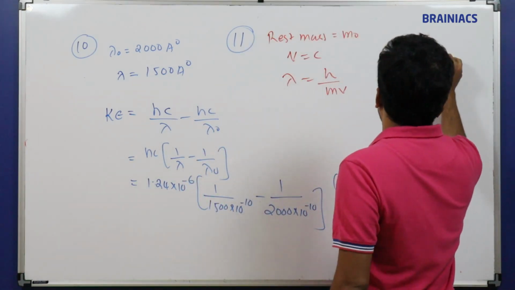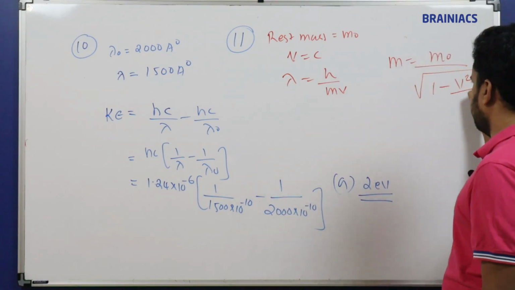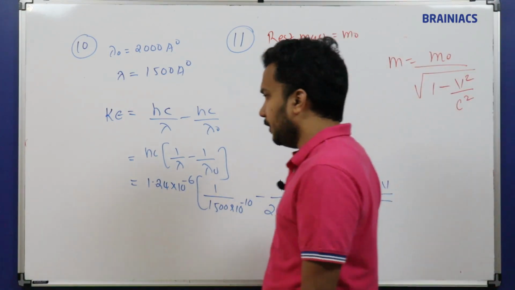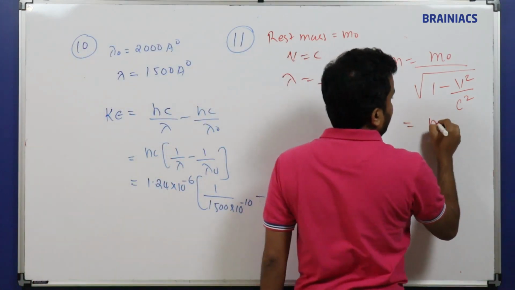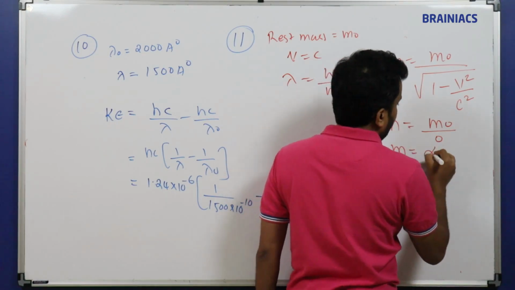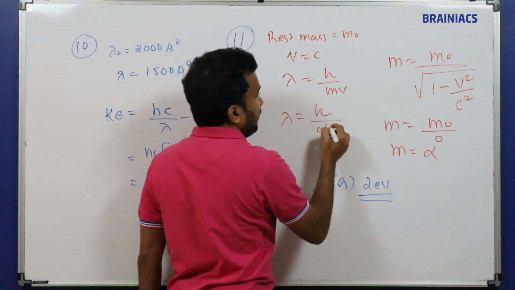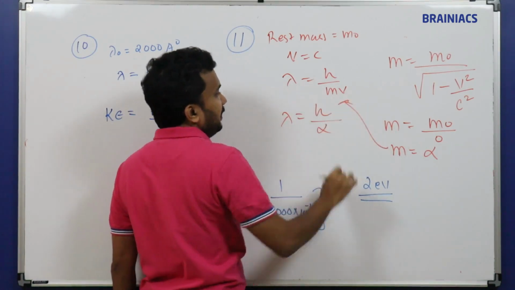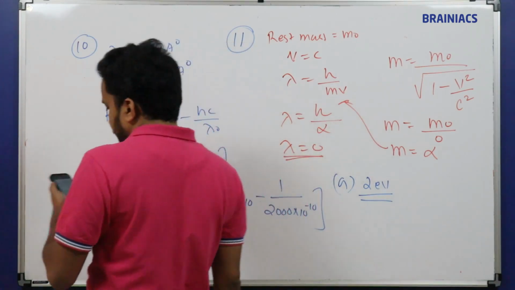You know the relation between rest mass and mass, which I told in many theoretical classes: m equals m naught divided by the square root of 1 minus v square by c square. If v is equal to c, what will you get? m naught divided by 0, which is m, so m will go to infinity. If m goes to infinity, then lambda is h by infinity, so lambda equals 0.